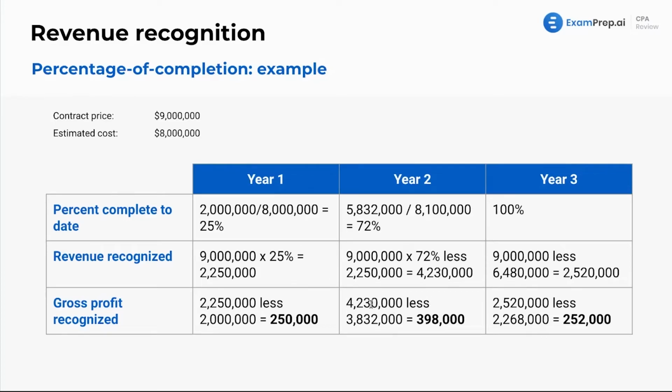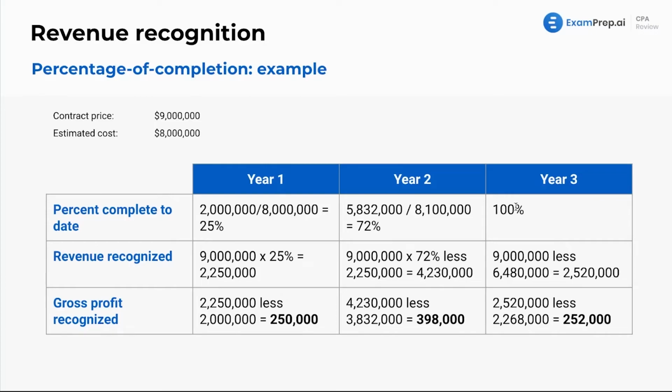Now, gross profit, we are going to take our revenue for the period minus the costs, and that gets us to 398,000. Again, another year complete, another year moving on. And for the change, remember, we just apply it here like we did. We just use the new number instead of the old number.